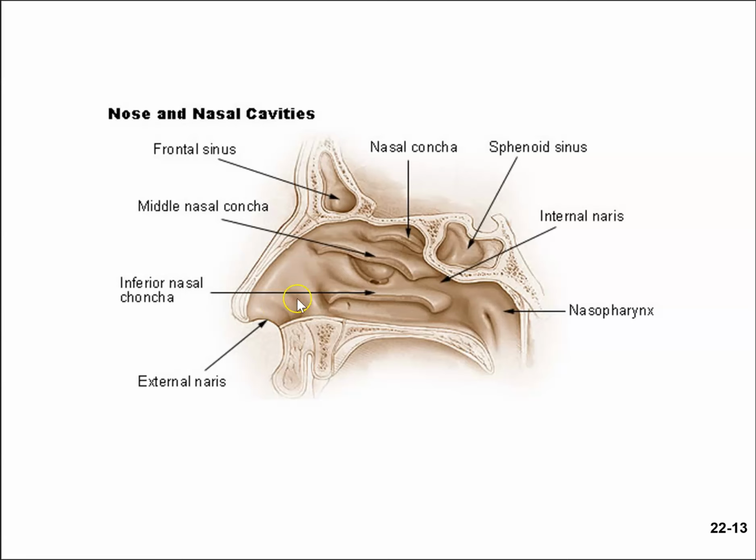And inside the nasal cavity, there are three projections known as the concha or the conchae. So you have the superior nasal concha, the middle nasal concha, and the inferior nasal concha. So the conchae serve to increase the surface area, and they help to disturb flow of air as they enter the nose.